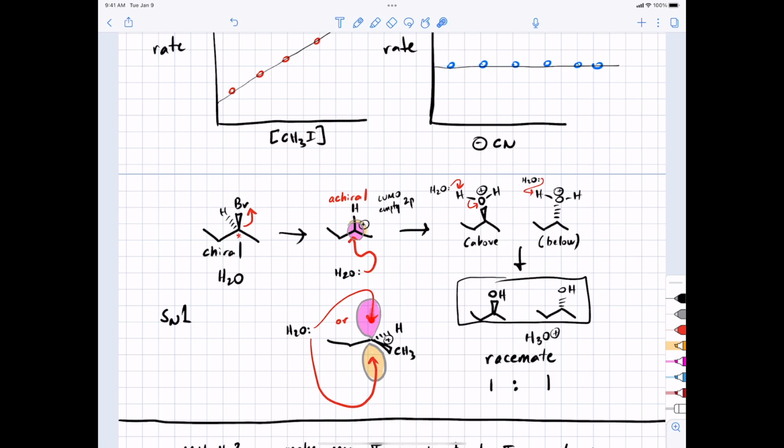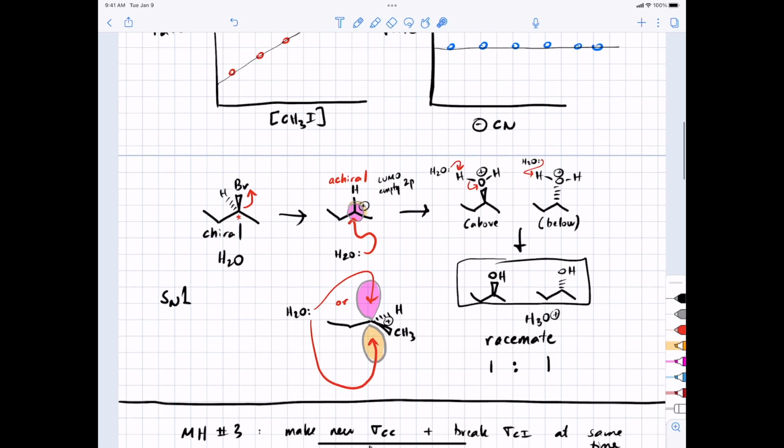The lobes of the empty p orbital in that carbocation are the same above or below in terms of how the nucleophile sees it. And so you would expect to get a one-to-one mixture of stereochemical configurations. In this case, it's a racemate, two enantiomers. If there were some other stereocenter in this molecule, that one would stay unchanged, and we would simply get both configurations of the stereocenter here.